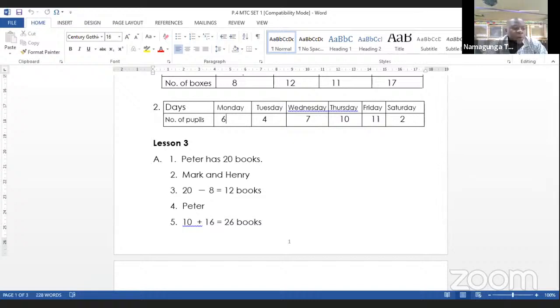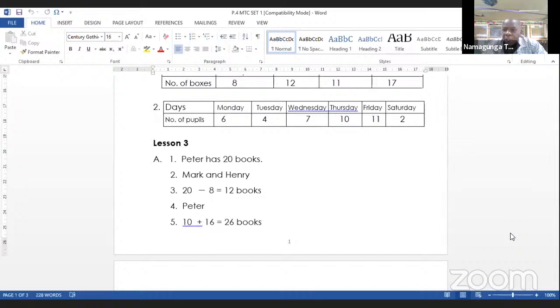Who has the highest number of books? It was not answered here. Let me see. Chloe, answer the question. Mulindwa Chloe, I'm not picking you. She's not on.